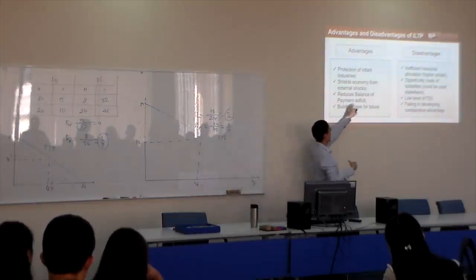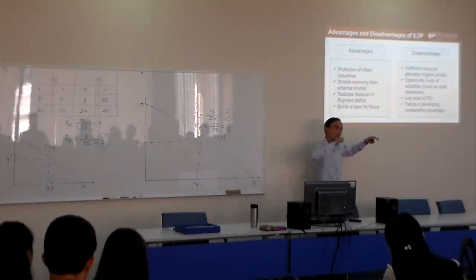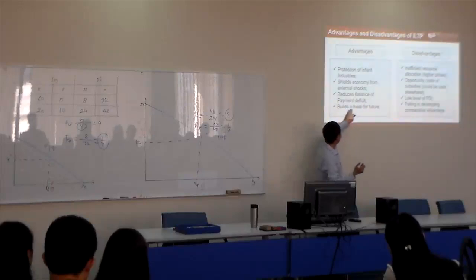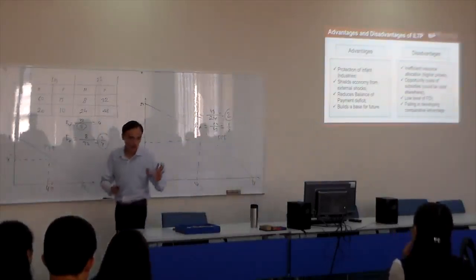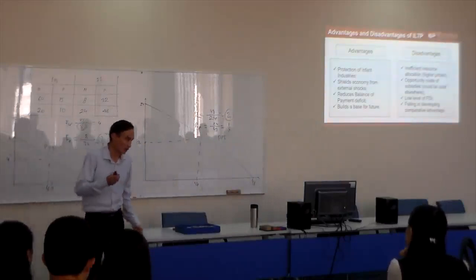Our deficit in the balance of payments will be low, and if we start exporting, it can even be a surplus, which is good. And it builds a base for the future. For example, many years ago Japan strictly followed that inward-looking trade policy.